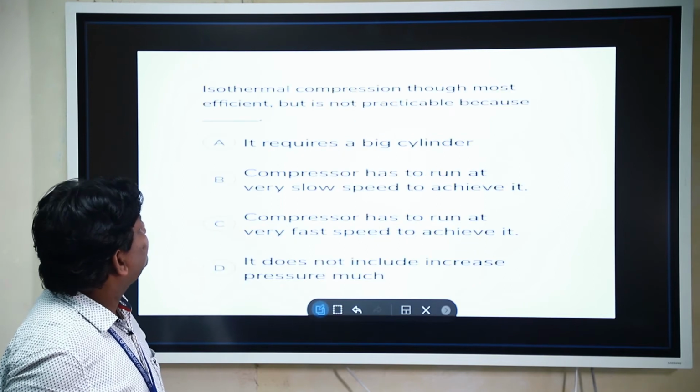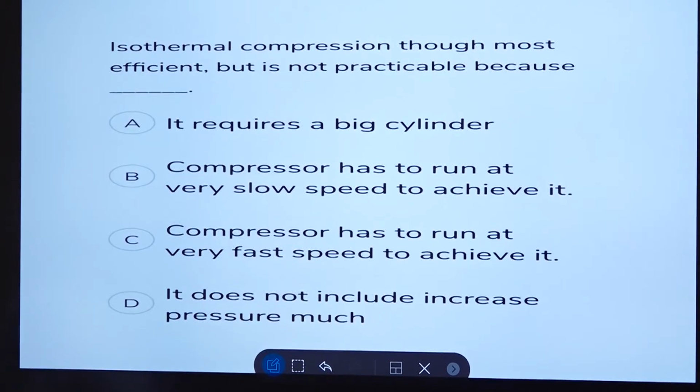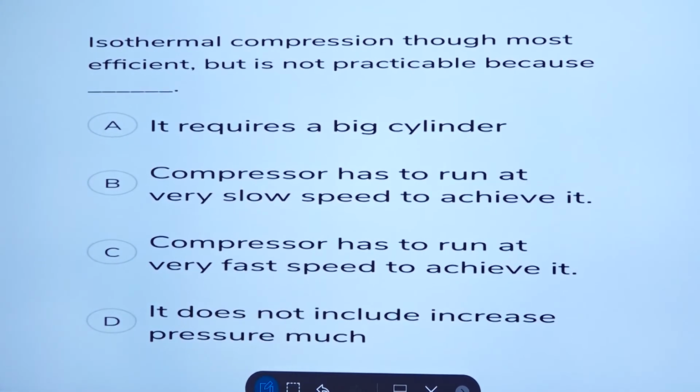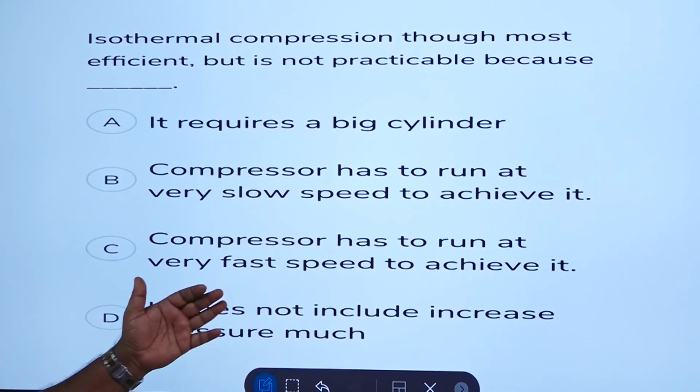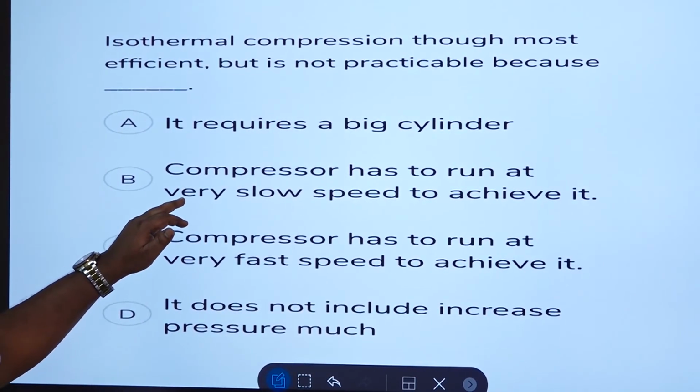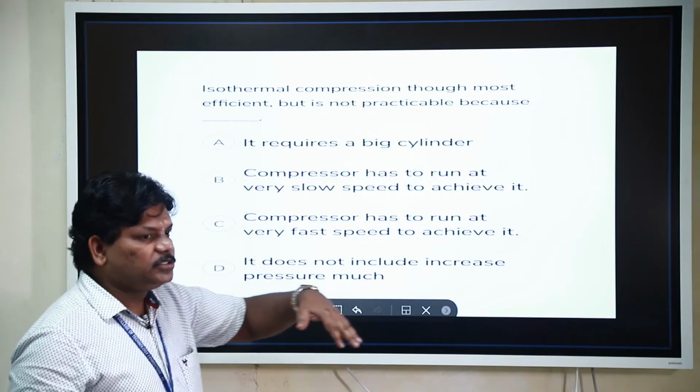The option is A. The next: isothermal compression, though most efficient, is not practical. Practically it is not viable. Why? Because the compressor has to run at a very slow speed.